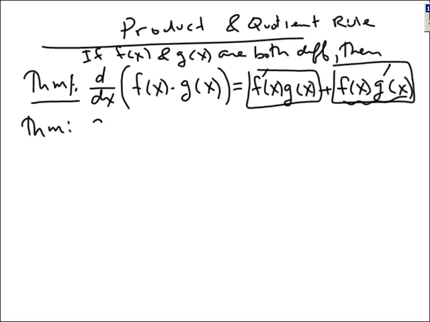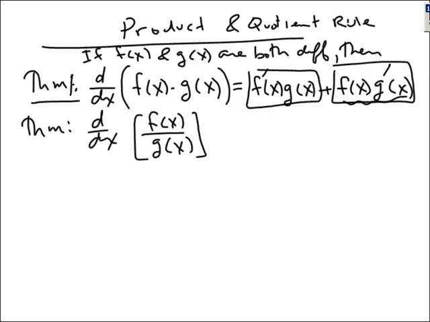And theorem number 2 says that the derivative of f of x over g of x is as follows. Now it amazes me how some people who teach this and some authors would write the numerator differently than what the rule states for the product rule, because then you have to memorize 2 completely different rules.